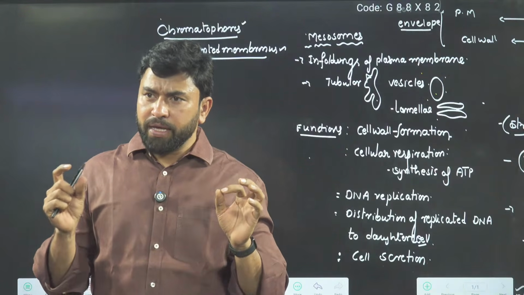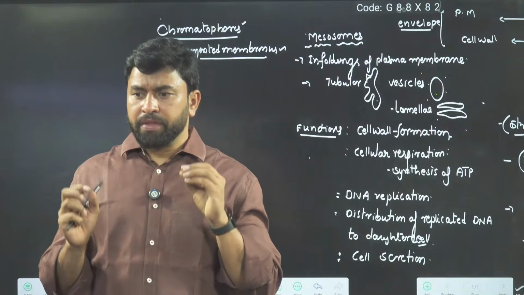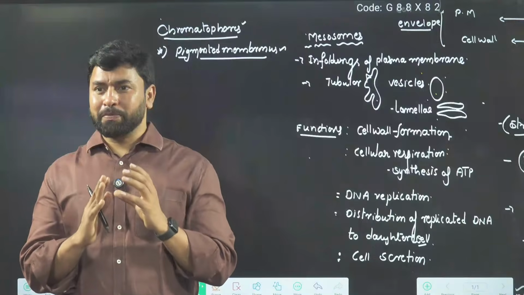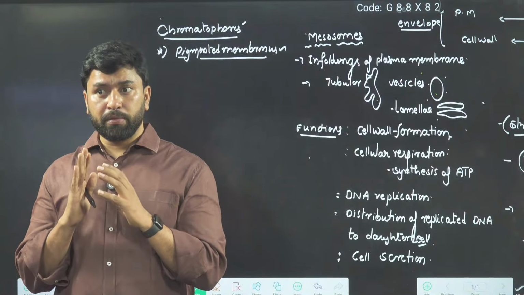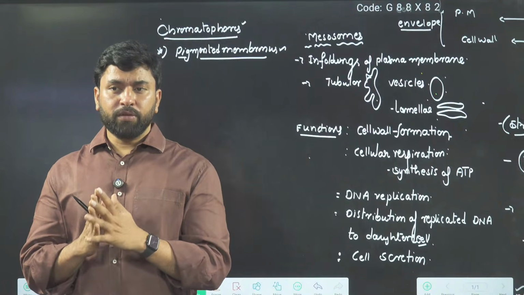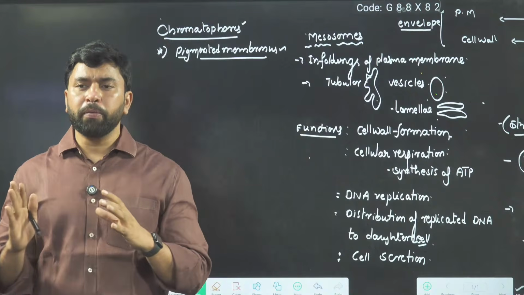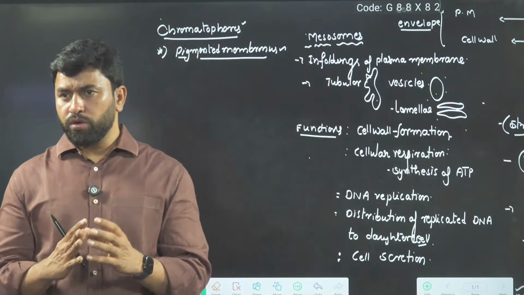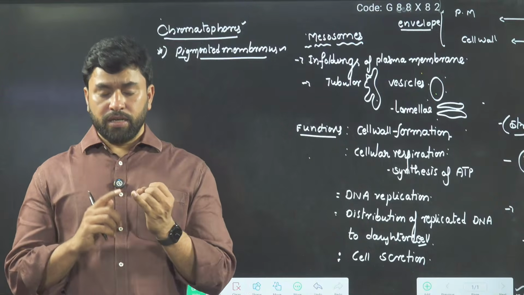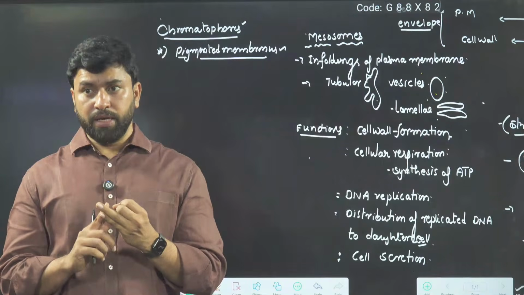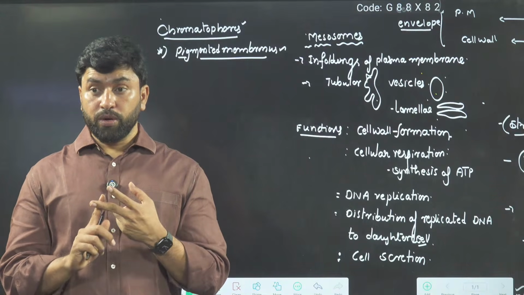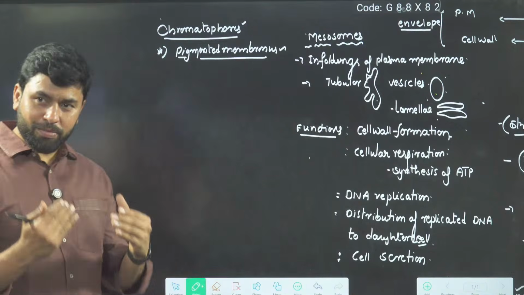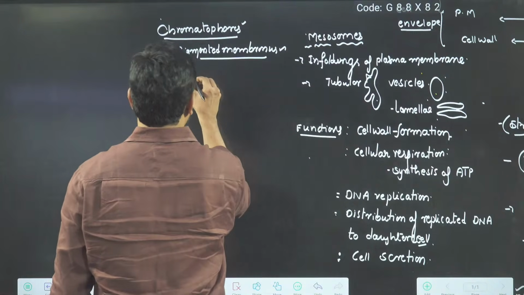On top of the plasma membrane, here and there, some amount of photosynthetic pigment will be deposited. Here, very interestingly, you have to remember, those pigments that we will see in chloroplast will not be present in chromatophores. Typically, a eukaryotic chloroplast consists of chlorophyll A, B, and also carotenoids, xanthophylls. But chromatophores do not have all of them. They have only chlorophyll.